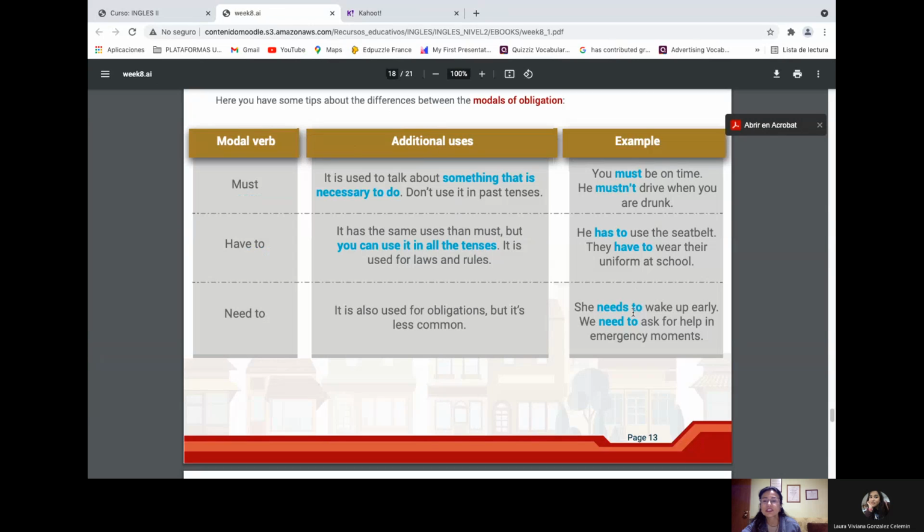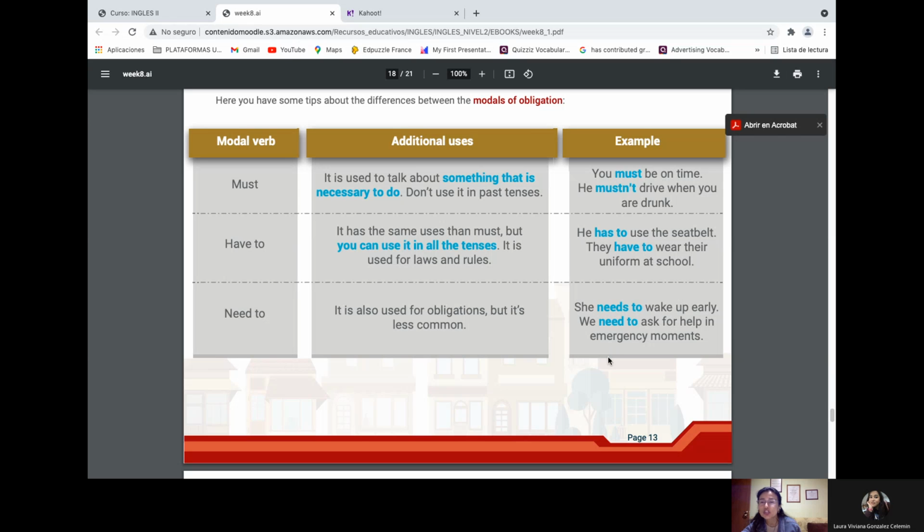Okay, the example, she needs to wake up early. She needs is something that is necessary to wake up early. Wake up means despertar, no? Something that is necessary. She needs with S. And we need to ask for help in emergency moments.